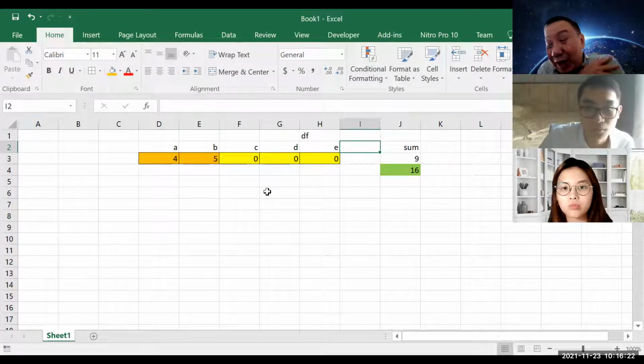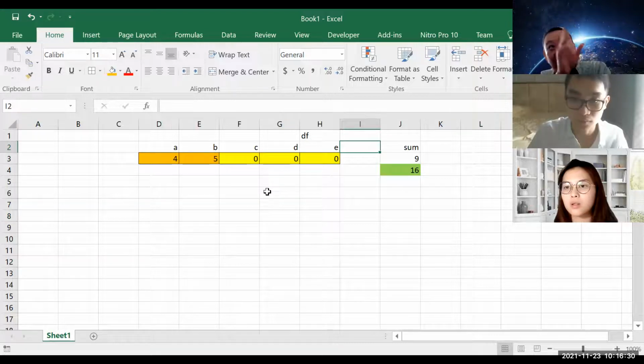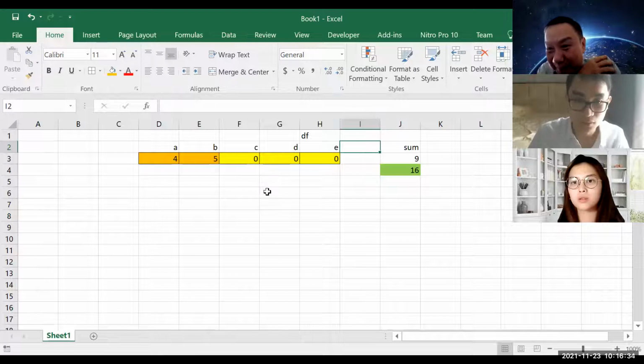This is fun because now you can recover data. In fact, you can create data. Suppose you don't know the data, you have missing values. So what are you going to fill in?